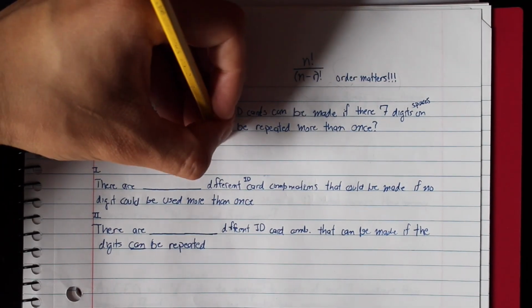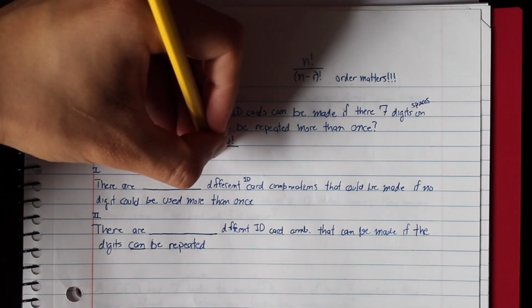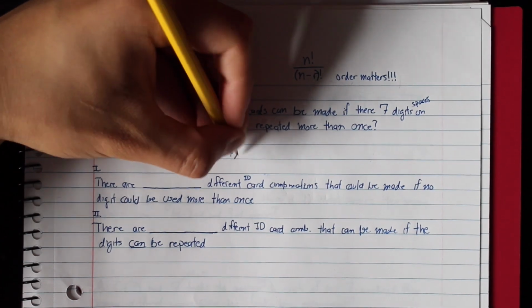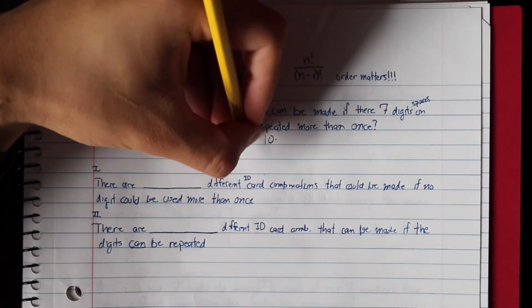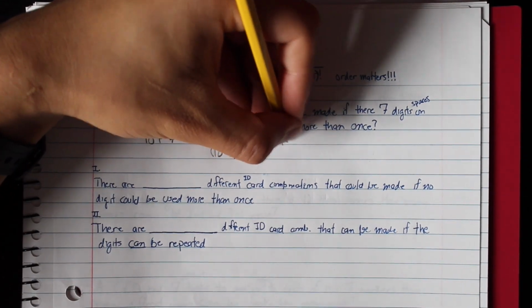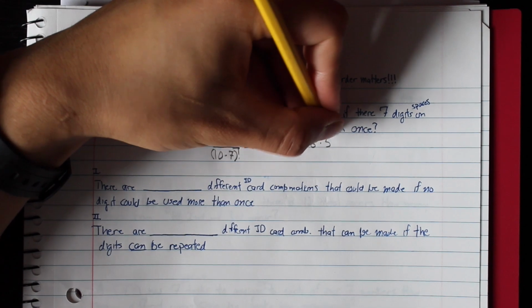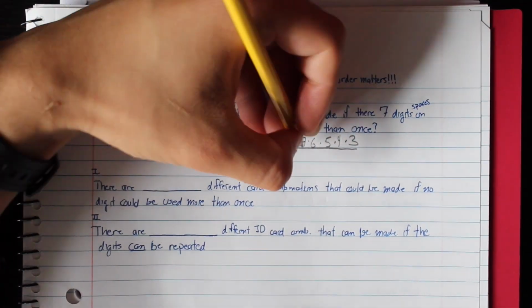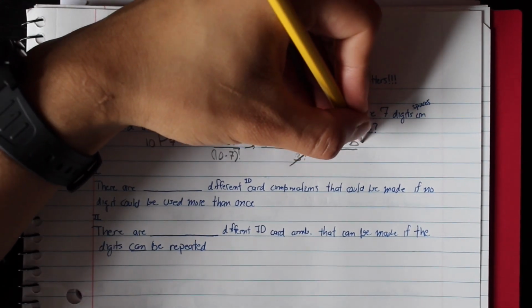I'm going to write this down here: 10 factorial over (10 minus 7) factorial. That's going to be 10 times 9, 8, 7, 6, 5, 4, and I think I should have done the one on the bottom first because it would be 3 factorial. So we just cancel that out, and we don't need a 2 or a 1.